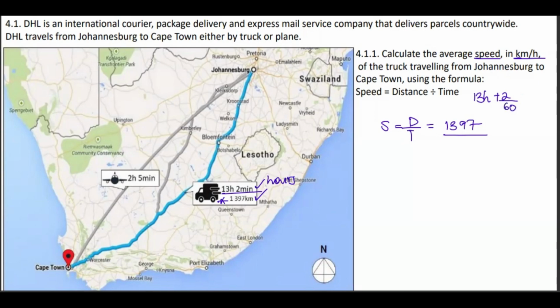We want it to become hours. So these are now full hours. You bring them here, you divide, and the speed will become 107.21. Don't forget the units, kilometers per hour. That's how you're supposed to do it.